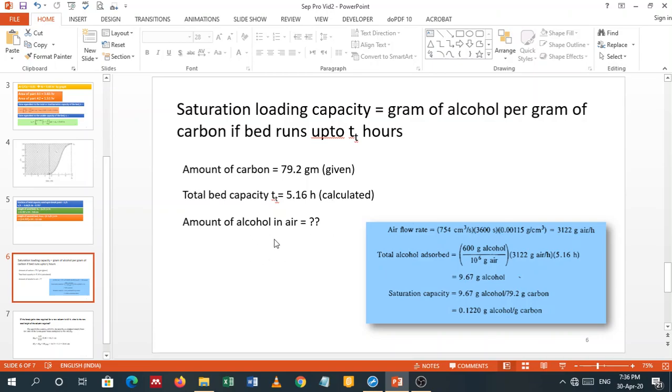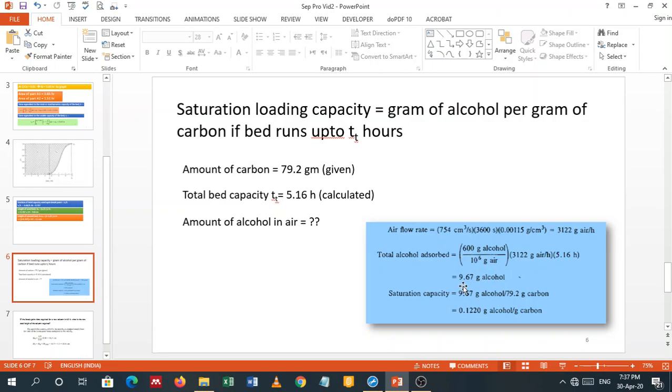We need to find the amount of alcohol in the air. We have to convert the flow rate of the air with the help of its density and flow rate per hour. This 3600 is used for converting these values into per hour. Then, per hour, this is the amount of air, and the alcohol can be calculated as 600 gram per 10 to the power 6 gram of air, 600 ppm.